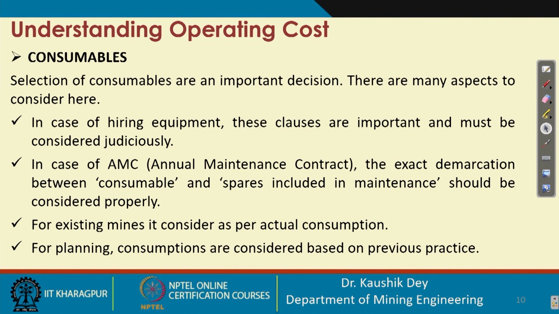From the previous practice we are considering this, but actually it may be 1200 also, it may be 700 also. Actually it is not known to us, but we are assuming that on an average basis a bit gives 1000 meters of drilling. So, for planning we have to consider the consumption of the consumables as per our previous experience.